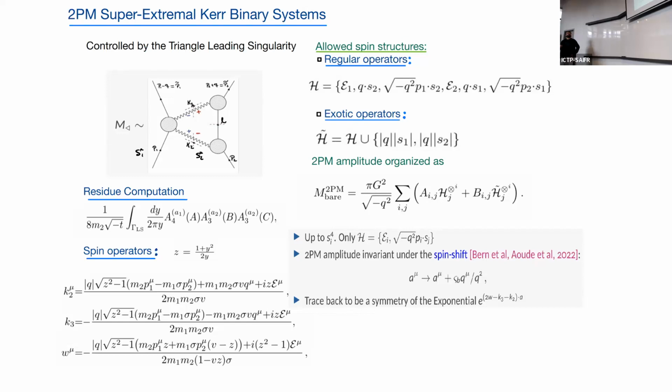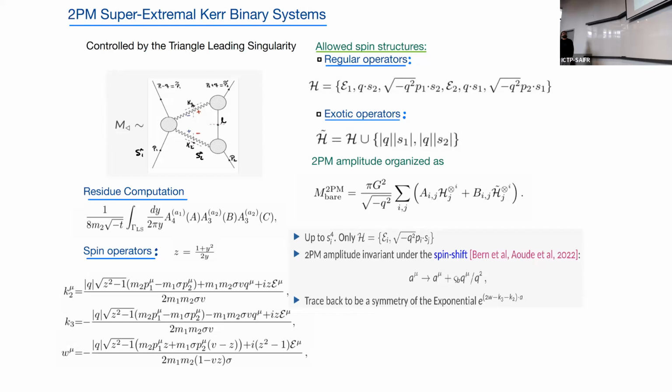You can organize your answer in terms of some spin operators. For instance, this epsilon, which is a contraction of the Levi-Civita tensor with the momenta of the two particles, the momentum transfer, and the spin of the other particle. You can have contractions of q with S, and contractions of the P on the left-hand side with the S of the other side.